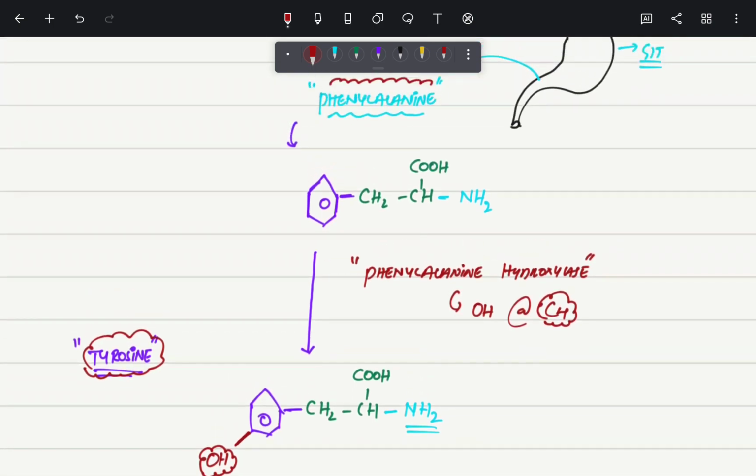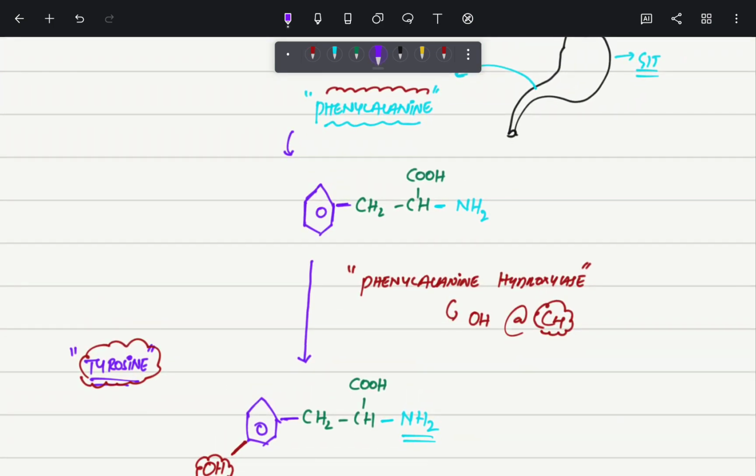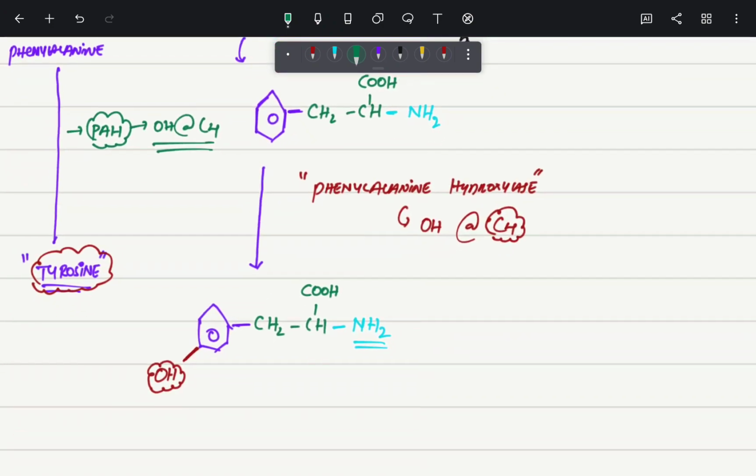Once again, phenylalanine was converted into tyrosine by the enzyme phenylalanine hydroxylase, which was doing hydroxylation at carbon number 4. I hope you are clear with this.